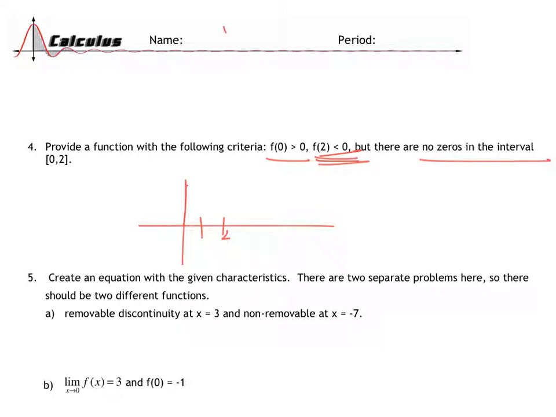Okay, f of 0 is something positive, and f of 2 is something negative. And we want no zeros in between. Because we have some kind of break, this is not continuous.